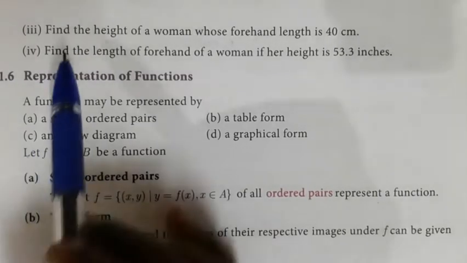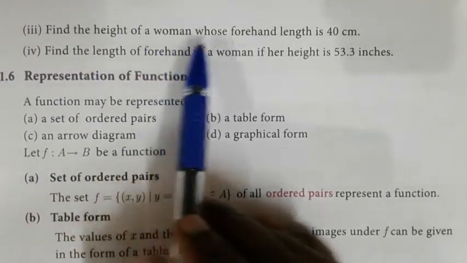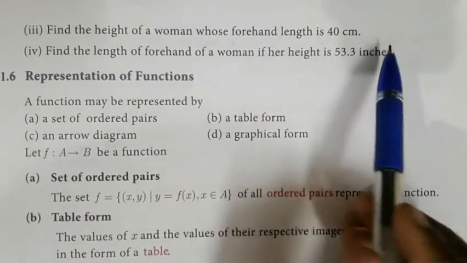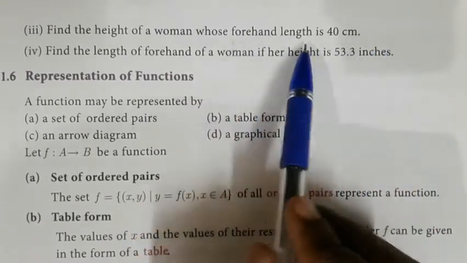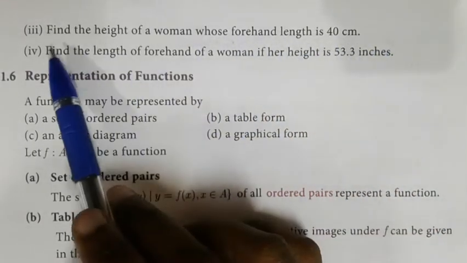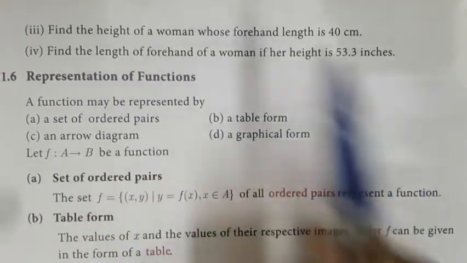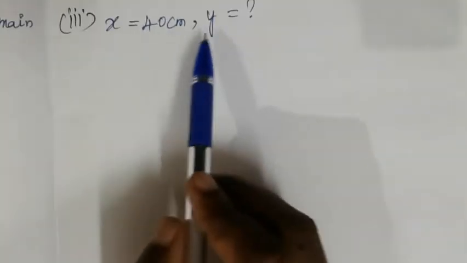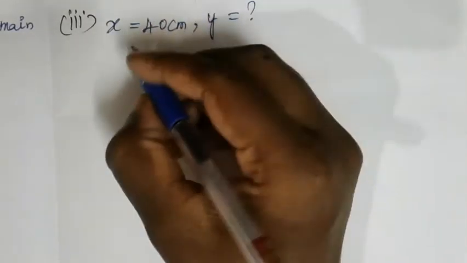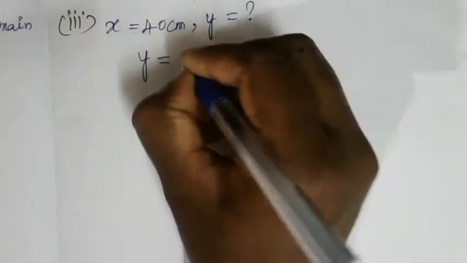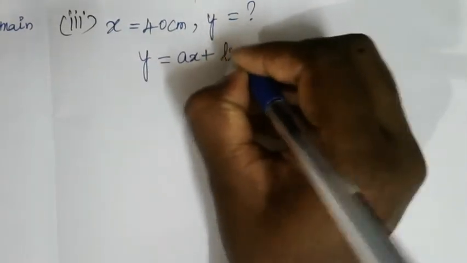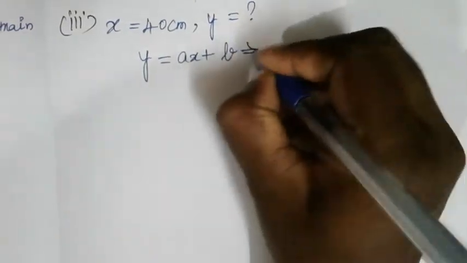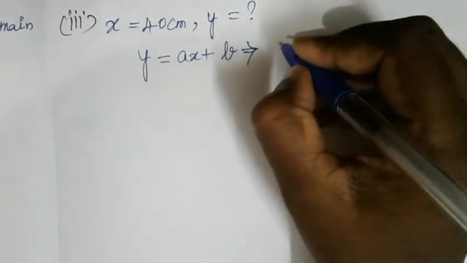Now the third subdivision, find the height of a woman whose forehead length is 40 centimeter. Which means X is 40 centimeter. We have to find out the Y value. Yes, X is 40 centimeter and Y value is required. Let us consider the given relation Y is equal to AX plus B. Then, now we know the A and B values.